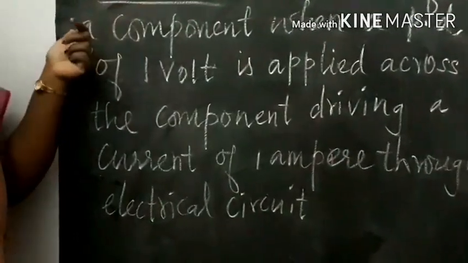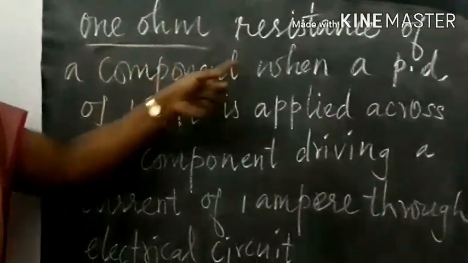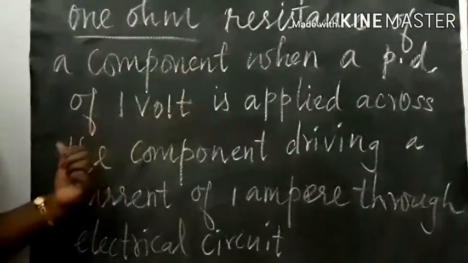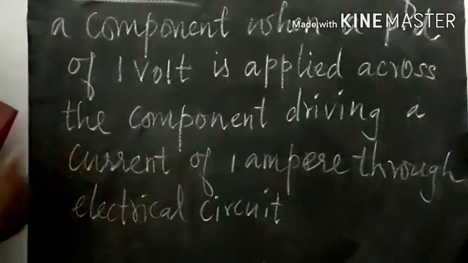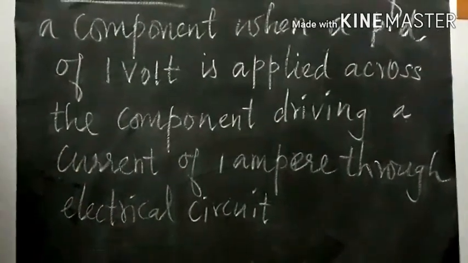So what is 1 ohm? 1 ohm is the resistance of a component when a potential difference of 1 volt is applied across the component that drives a current of 1 ampere through the electrical circuit.